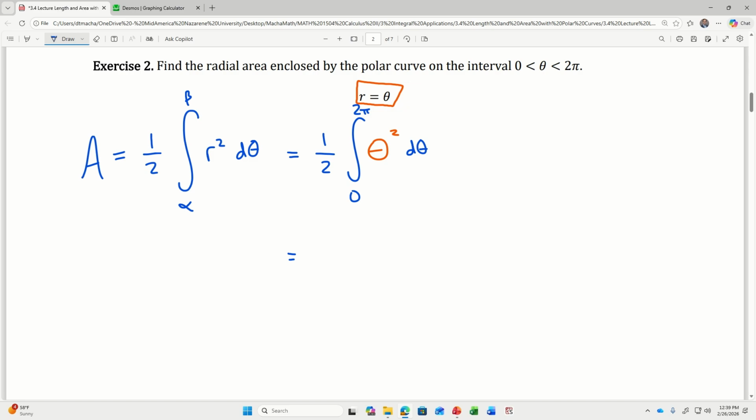So the antiderivative of theta squared with respect to theta is 1/3 theta cubed.